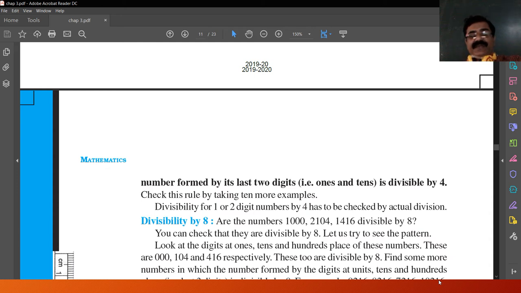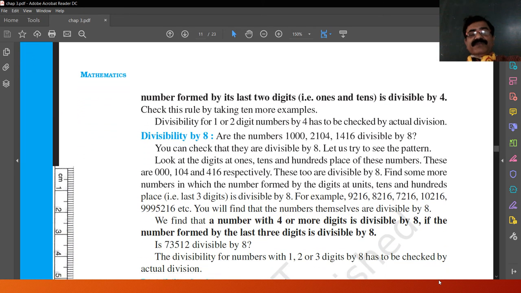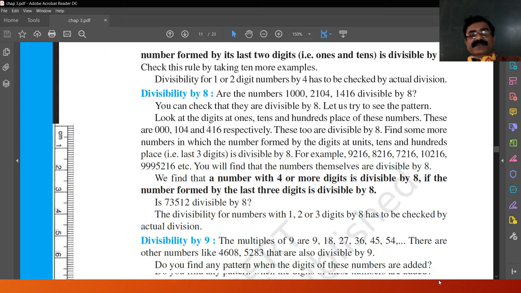Another is the divisibility by 8. A number with 4 or more digits is divisible by 8 if the number formed by the last 3 digits is divisible by 8.